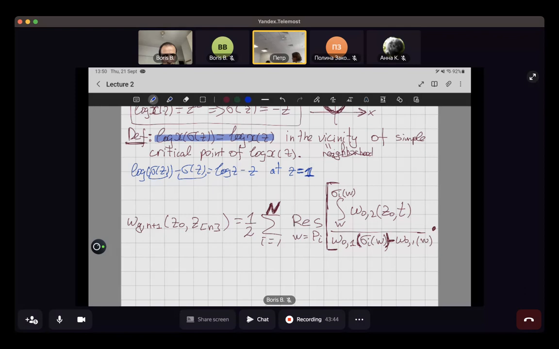It's just some omega which, if I'm lucky, I computed on the previous steps of this recursion, plus some omega, so a sum over partitions, over g1 and g2 with g1 plus g2 equal to g, and I and J form a partition of the set from 1 to n into two subsets. So I and J are two subsets of indices from 1 to n.